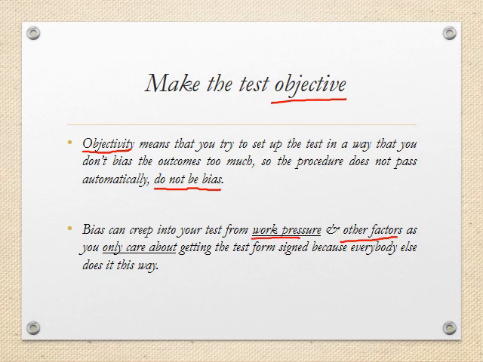It could be related to work pressure or other factors, because in this phase you might be caring only about how to get the test form signed. Then everyone does it. But this might affect the outcome of your test. When it affects the outcome of your test, that means you will affect the productivity of the document. So that's why always make your test objective and focus on its goals.